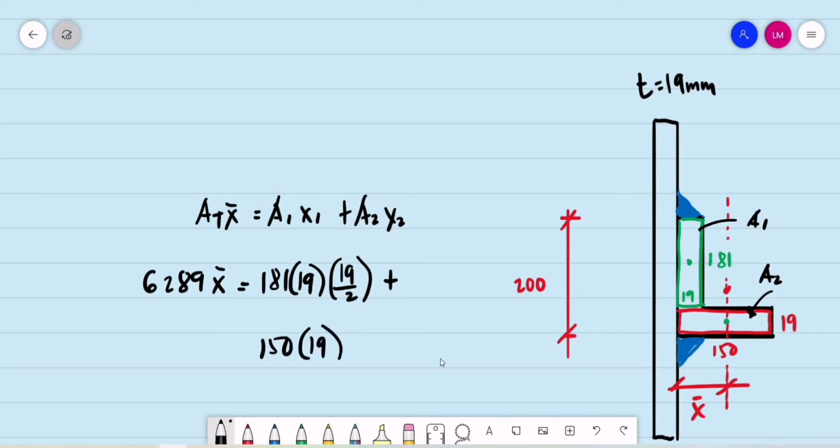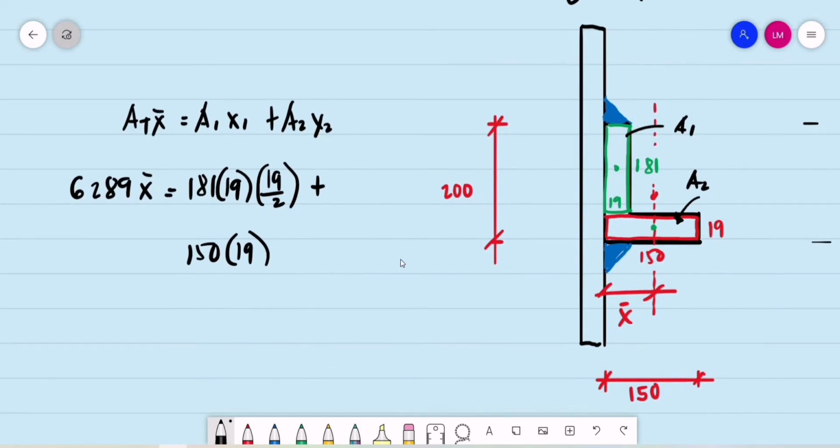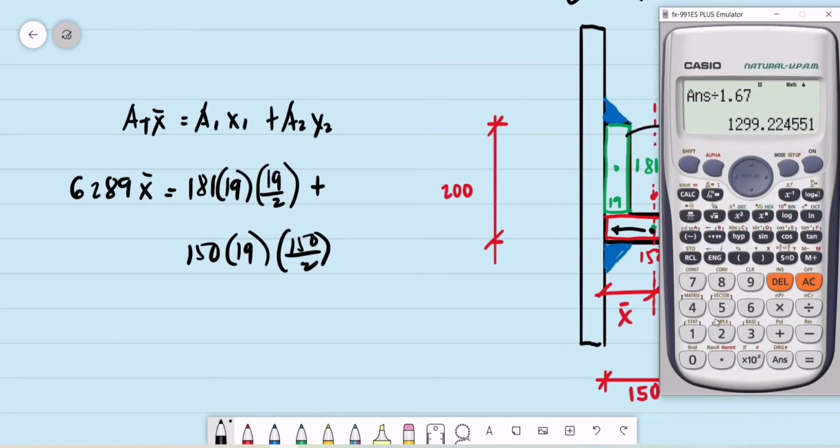And its centroid will be at a distance half of 150 from the main plate, that is 150 divided by 2, or 75. So if we are to solve for that value, 181 multiplied by 19 times 19 over 2 plus 150 multiplied by 19, then multiplied by 150 over 2, or 75.